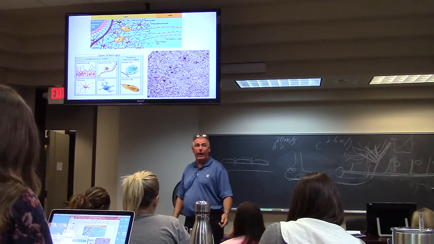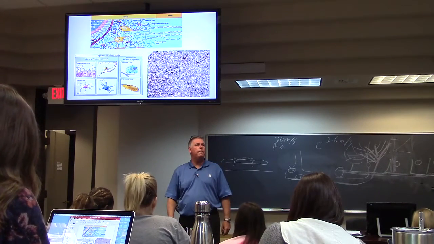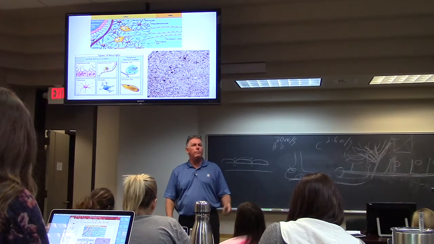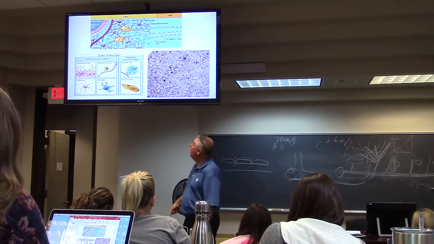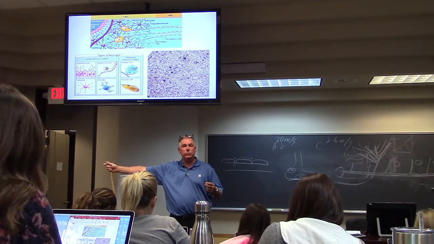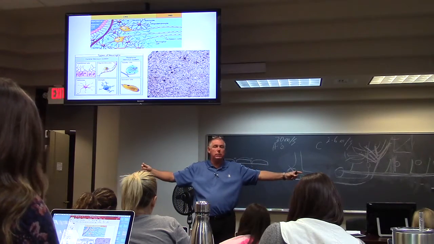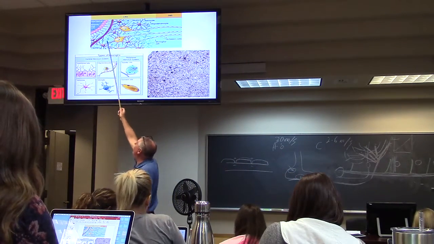Glial cells divide. One of the functions of glial cells, especially the astrocytes, is that they have a connection between the blood vessels and the neurons, as illustrated in this section up here.